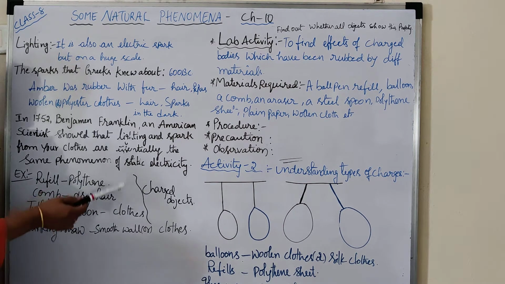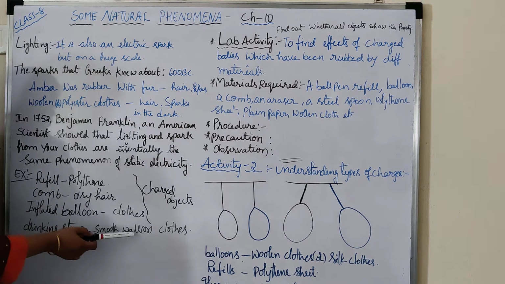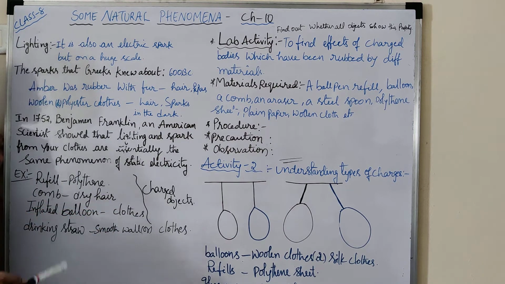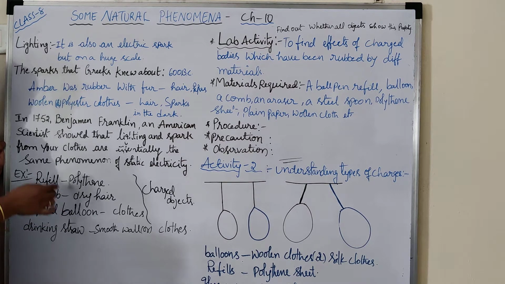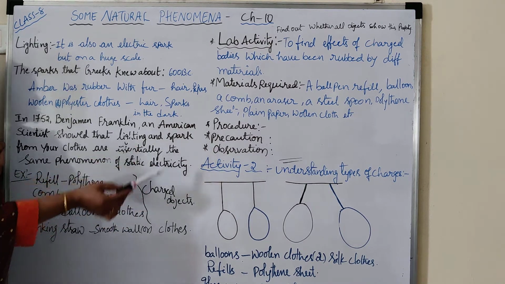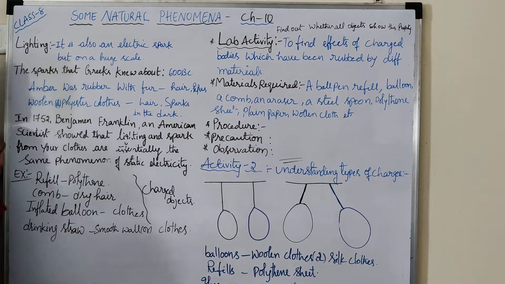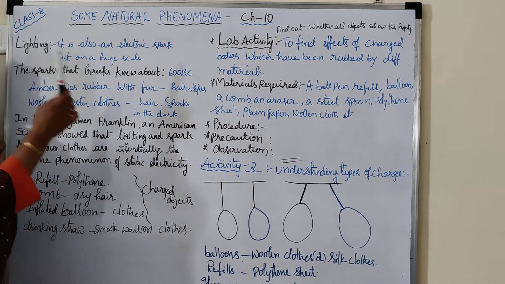Drinking straw, when it is rubbed with the smooth wall or on cotton clothes, it acquires charge. Means after rubbing only these objects acquired a charge on their bodies. So that's what these objects are known as, charged objects or charged bodies. These are known as charged bodies.